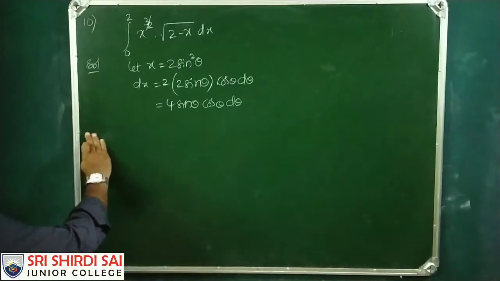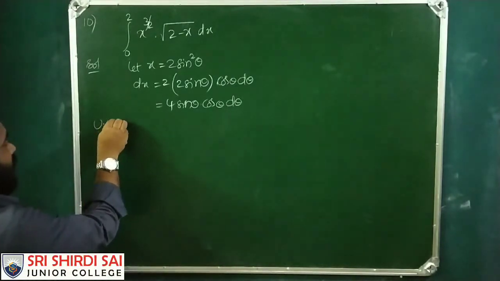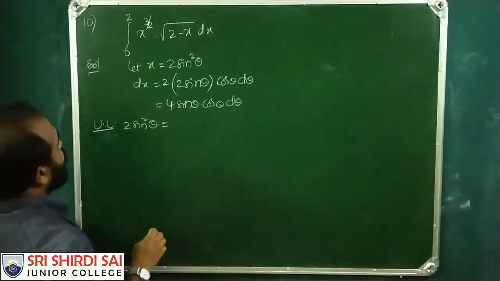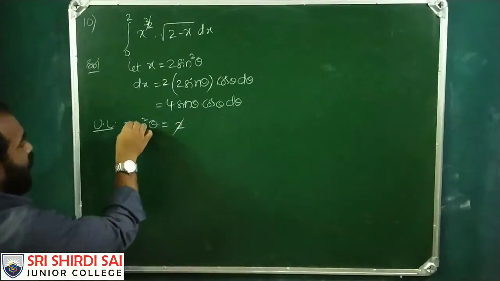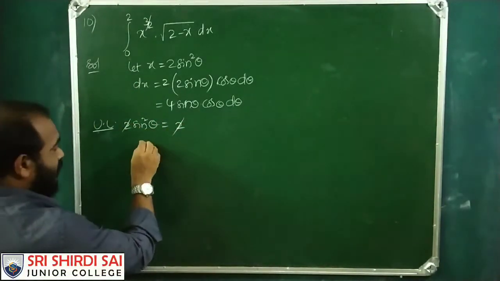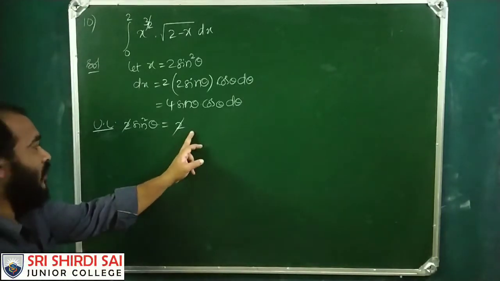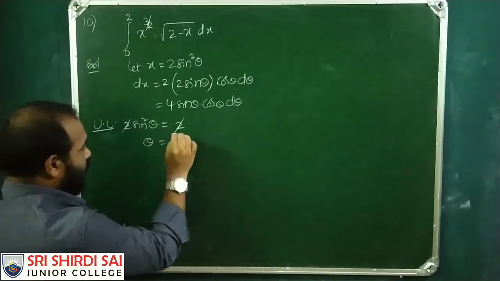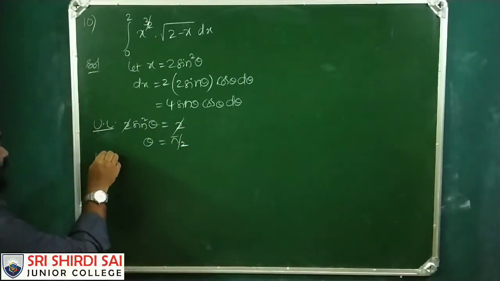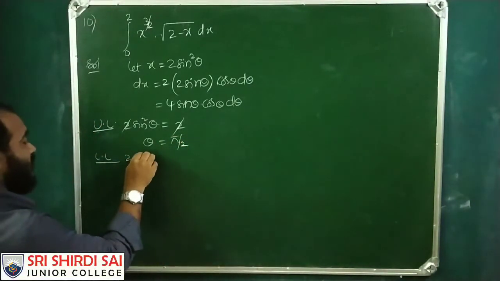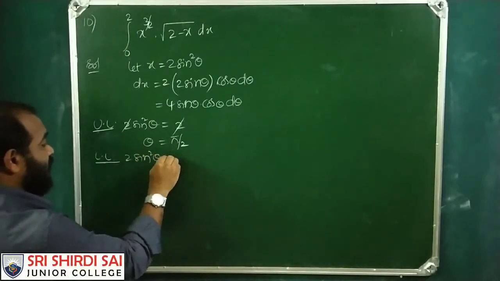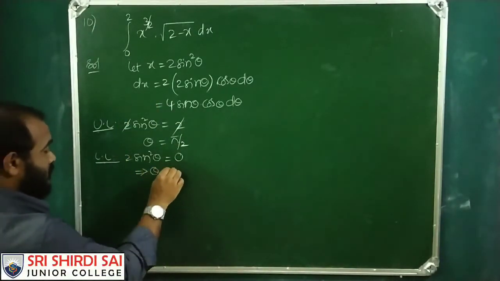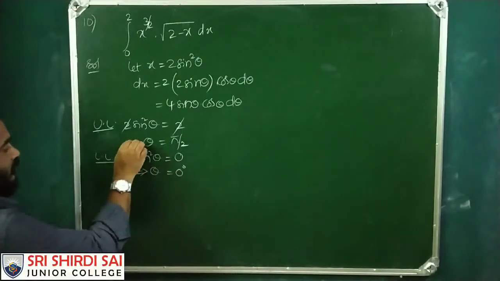Now change the limits also. Upper limit: 2 sin square theta is equal to 2, the 2 gets cancelled, sin square theta is 1, theta is equal to pi by 2. Lower limit: 2 sin square theta is equal to 0, so theta is equal to 0 degrees.